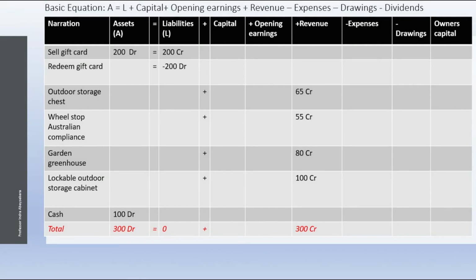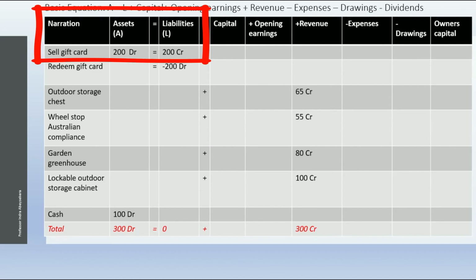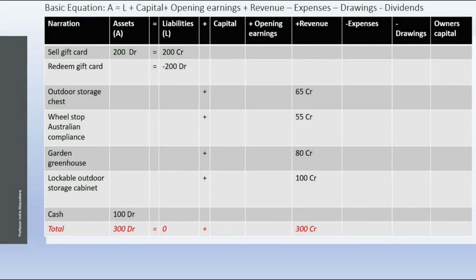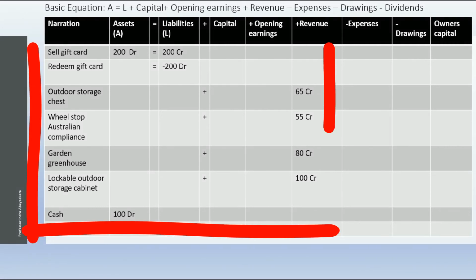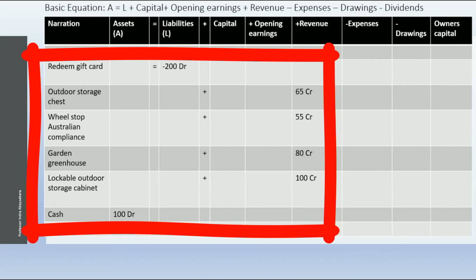The first transaction is selling the gift card. So debit asset and credit liabilities. So liabilities increase and assets increase. The redeeming of the gift card is the second transaction, and then selling items to Mandy.